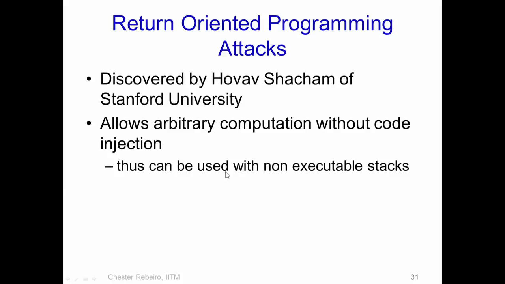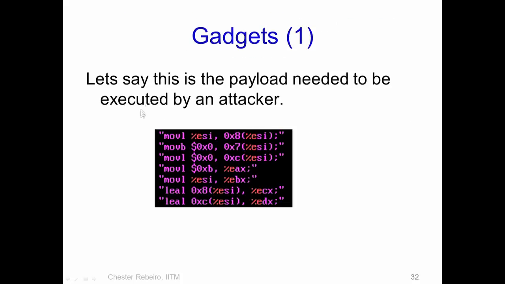So, let us see with a very small example how this thing works. So, let us say that the code that the attacker wants to execute is given by these set of assembly lines. So, essentially if the attacker manages to execute this assembly code, then his job is done. He will be able to run whatever exploit he wants.